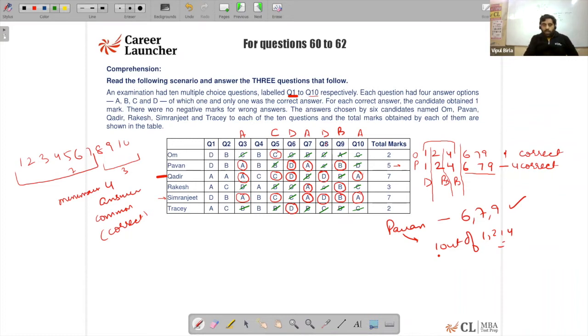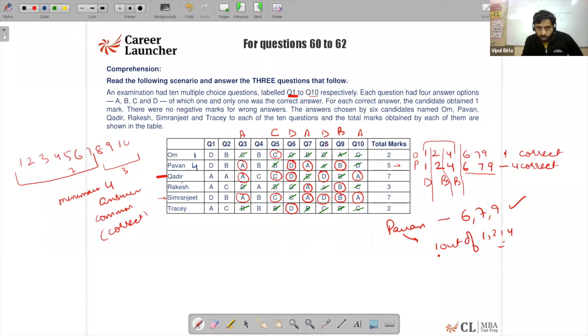So if we look at the story so far, for Om, we've got 1 as of now. For Pavan, we've got 4 as of now, because 1 has to be out of 1 to 4, which has to be correct.